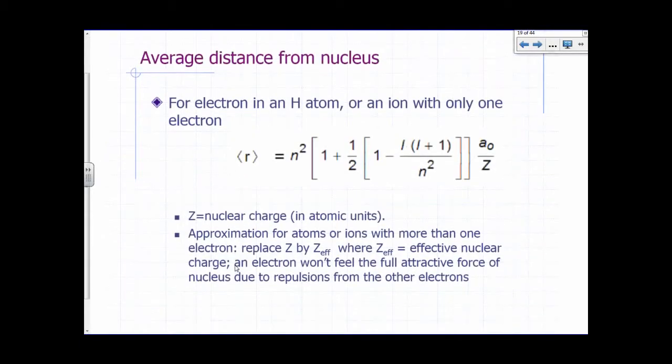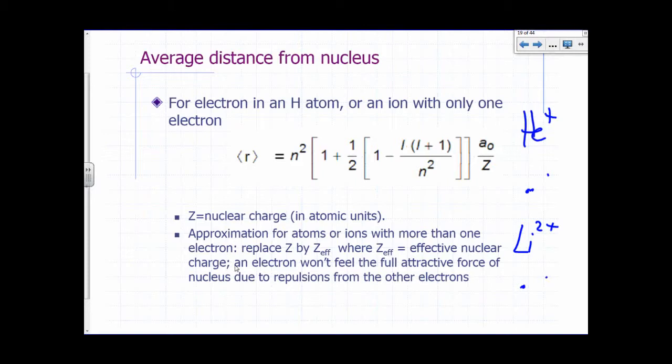You can actually calculate the average distance of the electron from the nucleus from the atomic orbital functions. In the case of a hydrogen atom or an ion that has only one electron, for example, He+, you have 2 protons and 1 electron, or Li2+, you have 3 protons and 1 electron.